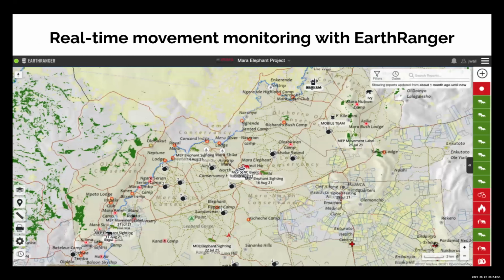And essentially what EarthRanger is doing is it's allowing conservation areas to keep track of and manage all of this different real-time movement information. So, Mara Elephant Project, in their EarthRanger, they track all of their ranger vehicles. They track their long-term monitoring team. They have a conservation helicopter that they use to actually push elephants away from agricultural land. It's an interesting mitigation strategy.